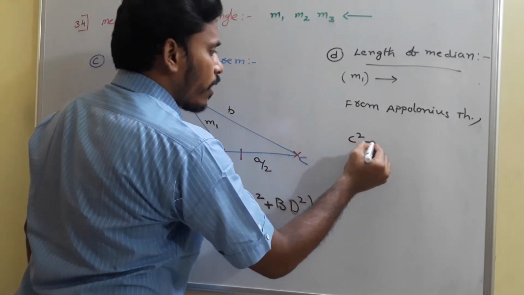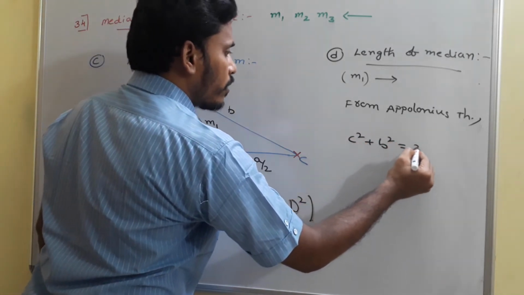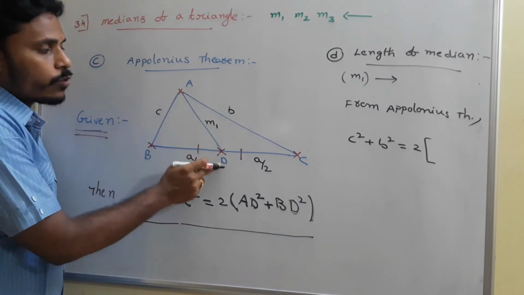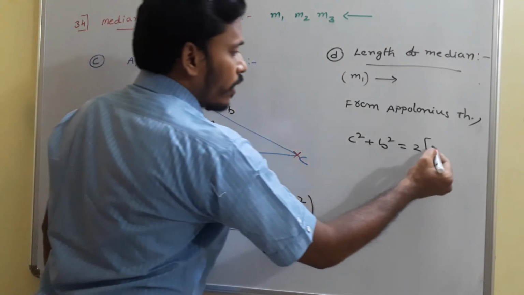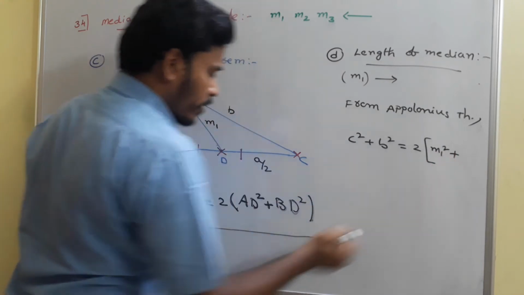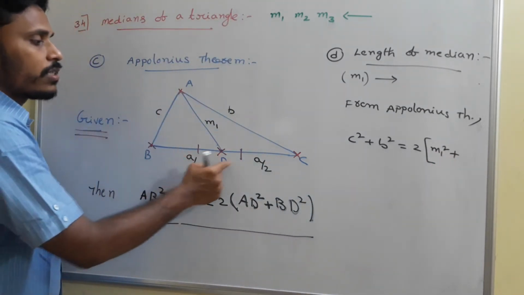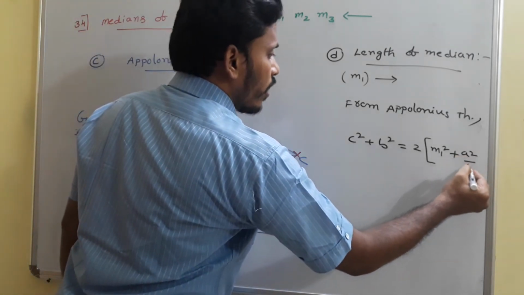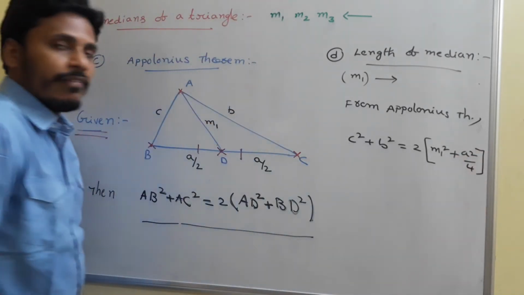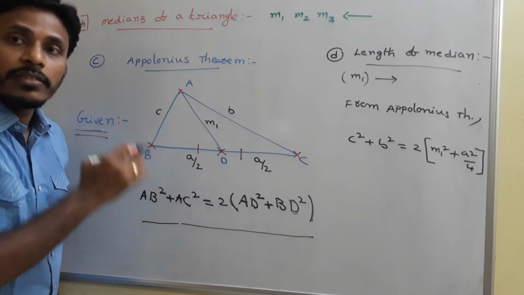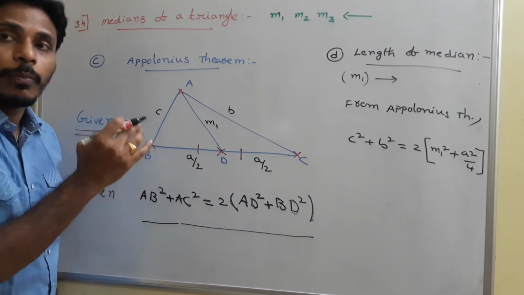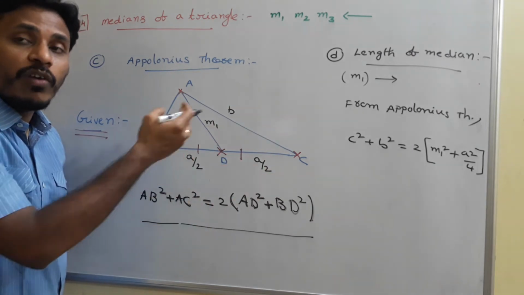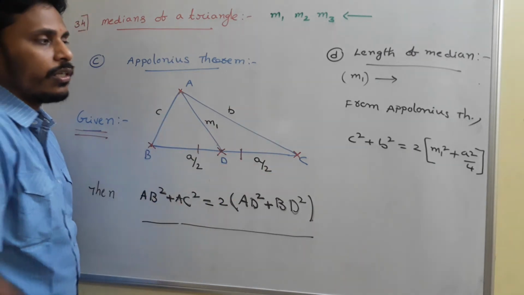So c square plus b square is equal to 2 times of AD square, and AD is the median length M1, so M1 square plus BD square. BD or CD is the same as a by 2, so its square is a square by 4. Just have a look: c square plus b square is equal to 2 times of M1 square plus a square by 4. Now simplify it and make M1 the subject, and that gives you the median length.